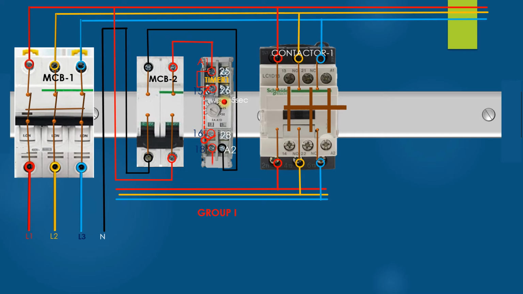Now connect the R phase and neutral lines from the timer's contact 18 and A2 to the contactor's A1 and A2 terminals respectively. R phase voltage is now thrown by the timer relay to contact number 18 and then to A1 of contactor 1.